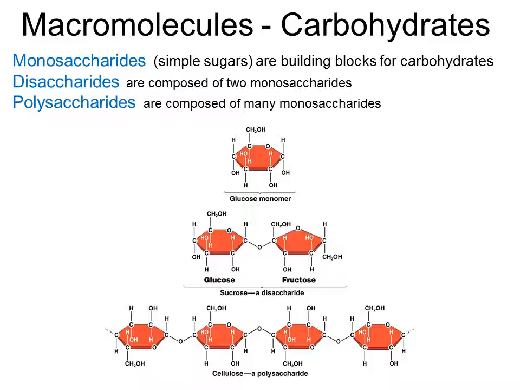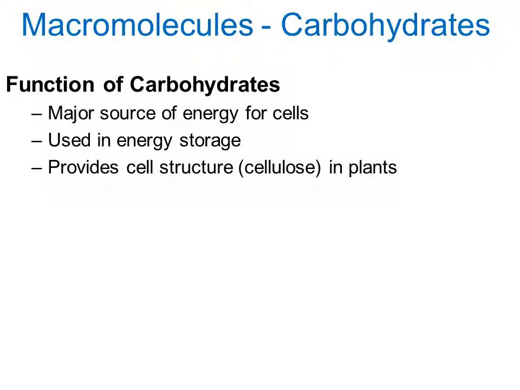Here is demonstrated a sucrose molecule, which is simply the combining of a glucose and a fructose molecule together. Polysaccharides, poly meaning many, are many monosaccharides linked together, and here you can see cellulose is a string of glucose molecules bonded together covalently.